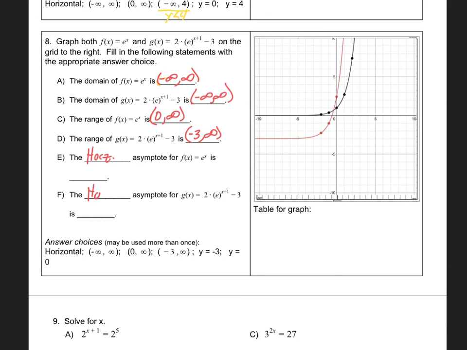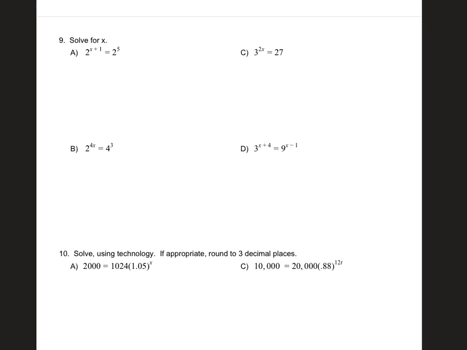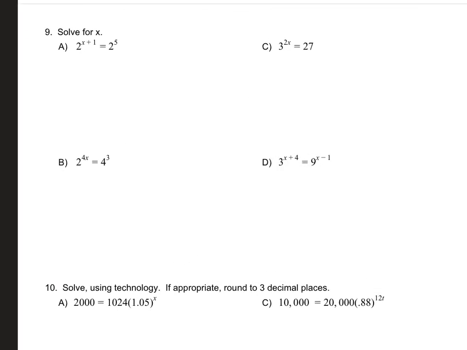Both have horizontal asymptotes, as all exponentials do. The parent function has the horizontal asymptote at y equal to 0. And since the horizontal asymptote was shifted down 3, it has a horizontal asymptote at y equal to negative 3. So now we'll move to solving these exponential equations.